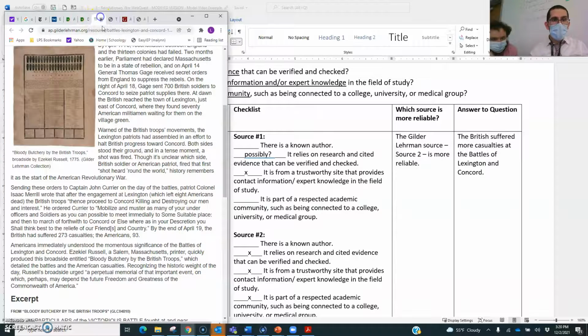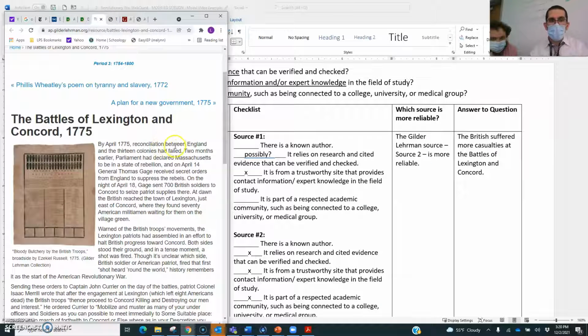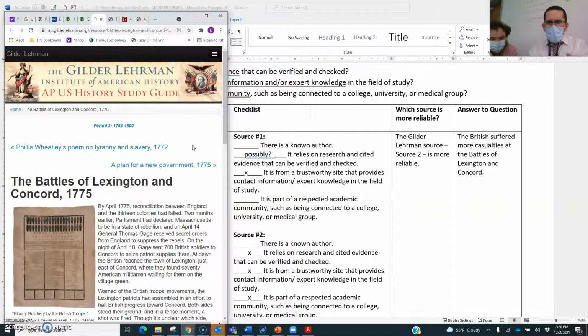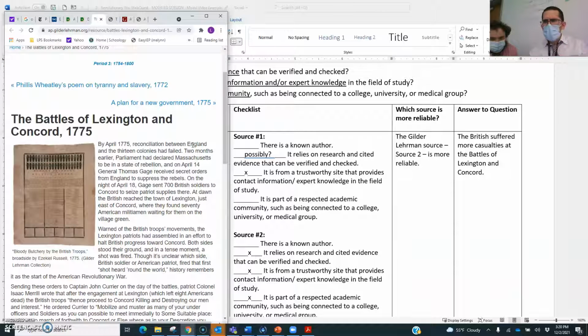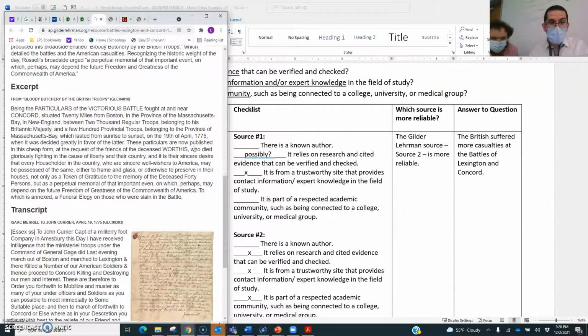So when we get up the Gilder Lehrman website, we see an article on the battles of Lexington and Concord. Once again, even though this website seems to be a little bit more sophisticated and classy than the Ducksters one, I don't see a known author here.